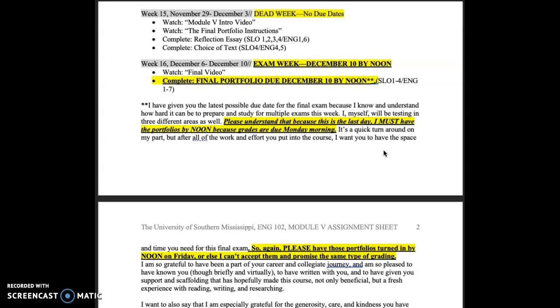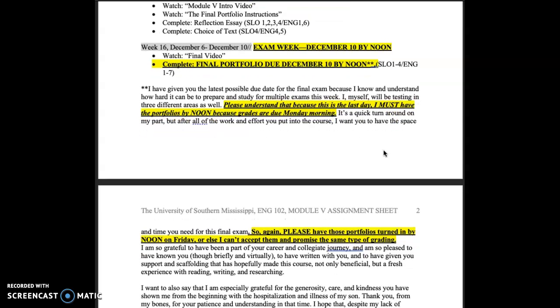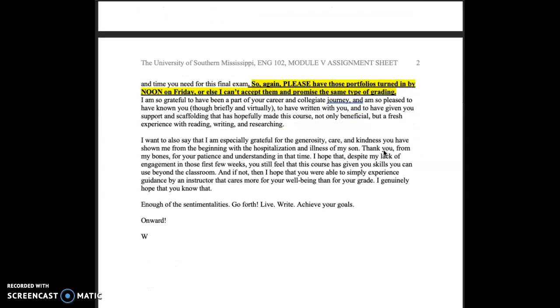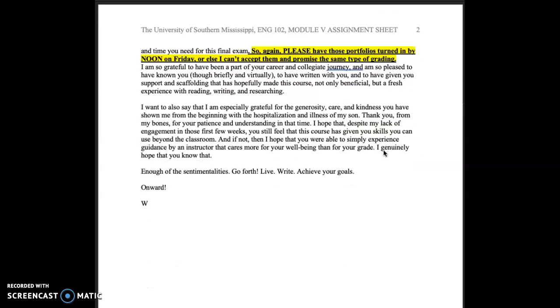So please understand that because this is the last day, I must have the portfolios by noon because USM grades are due Monday morning. So it's a very quick turnaround for me, but all of the work and effort you put into the course, you deserve to have the space and the time that you need to get this final exam done. So again, please have these portfolios turned in by noon on Friday, or else I'm not going to be able to accept them and promise the same type of grading, okay?